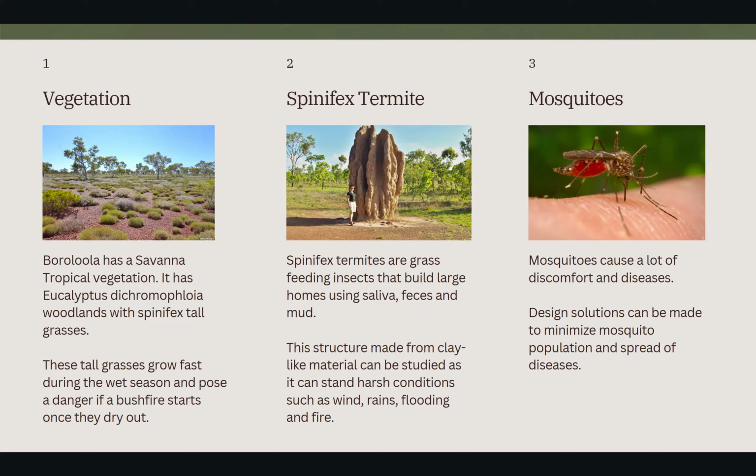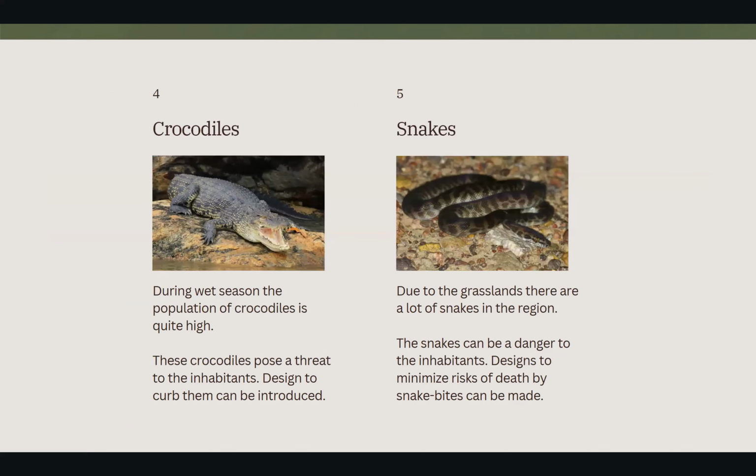This structure, made from clay-like material, can be studied as it can stand harsh conditions such as wind, rains, flooding, and fire. Mosquitoes cause a lot of discomfort and diseases. Design solutions can be made to minimize the mosquito population and spread of diseases. Crocodiles pose a danger during the wet season, and snakes also pose a danger due to the large quantity of grasslands in the area.